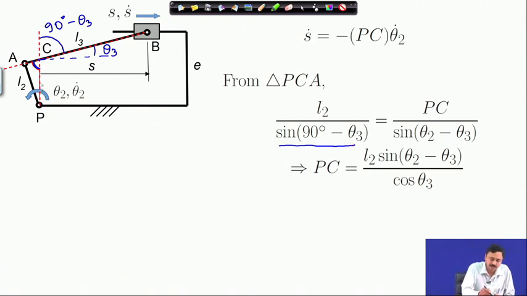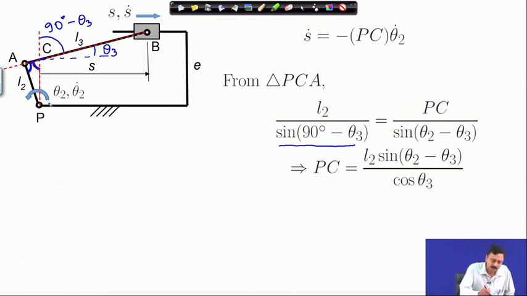P c is this distance, this arm of the triangle, divided by the sine of the angle opposite to it. So, this is the angle which you can very easily relate as theta 2 minus theta 3.